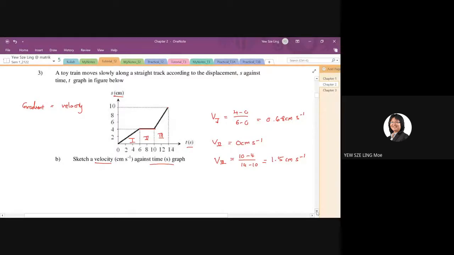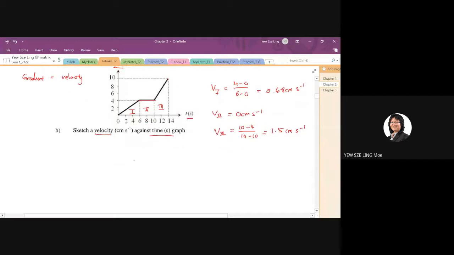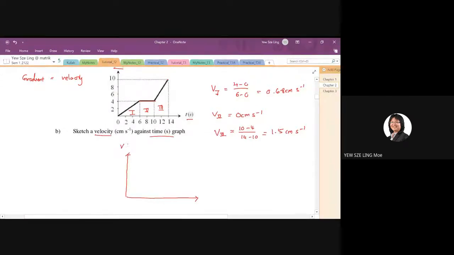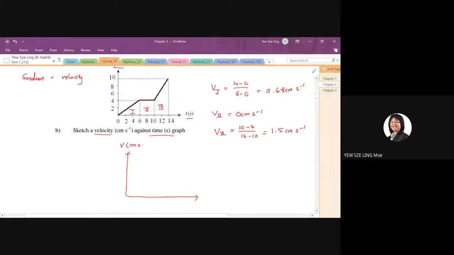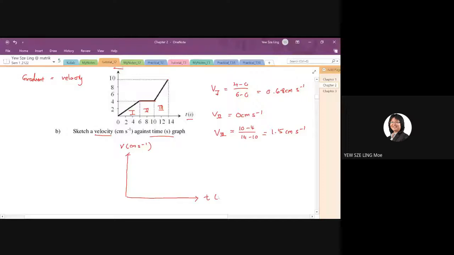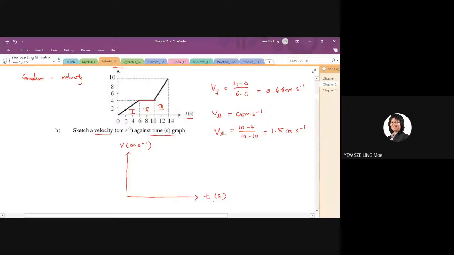What are we going to do next? Next, we want to sketch a graph. Now you have all positive values, so you just need a positive axis. You don't need to draw the negative axis. Then I have V in cm s^-1 on the y-axis, and my x-axis is t in s.